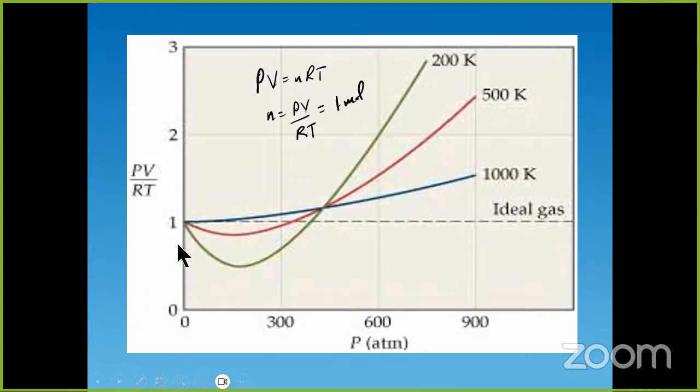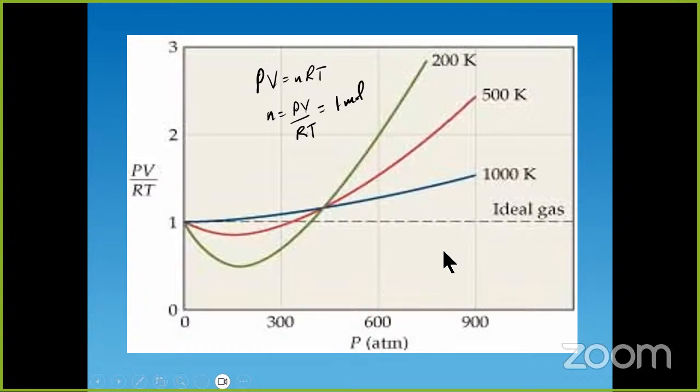This green line is the plot of PV over RT versus P when the temperature is 200 Kelvin. For the red line, the temperature is 500 Kelvin, and for this line, which I think is blue, the temperature is 1000 Kelvin.